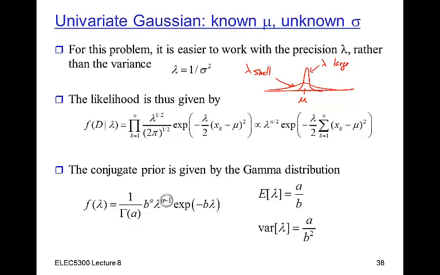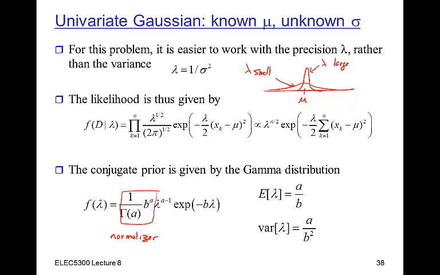The rest of this stuff looks a little bit complicated, but it's important to remember that it's not that important. It's just a normalizer to make sure that when I integrate this over lambda, the whole thing integrates to 1. Conceptually you don't really have to worry about this.